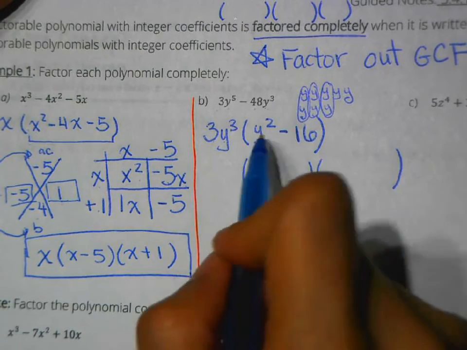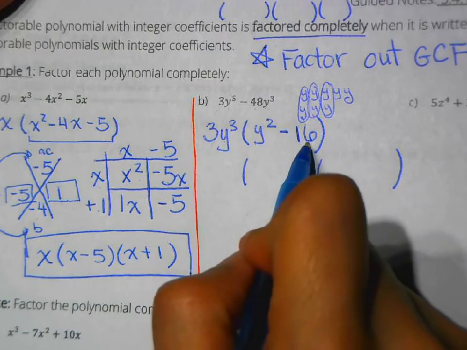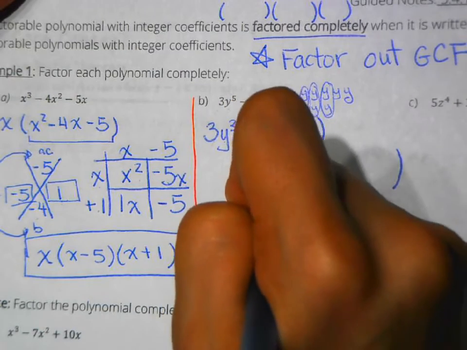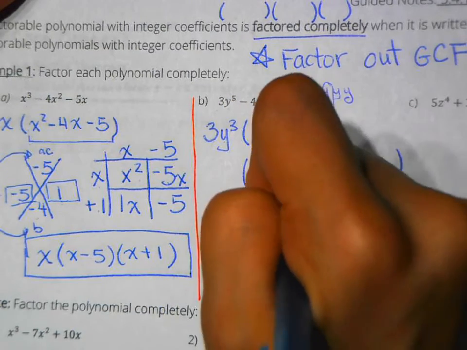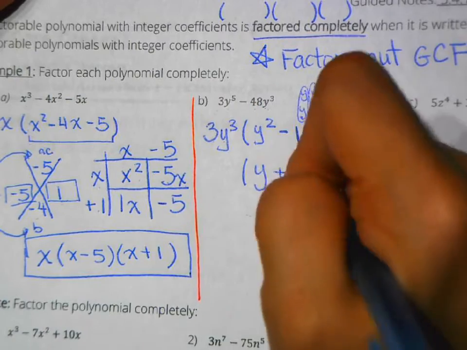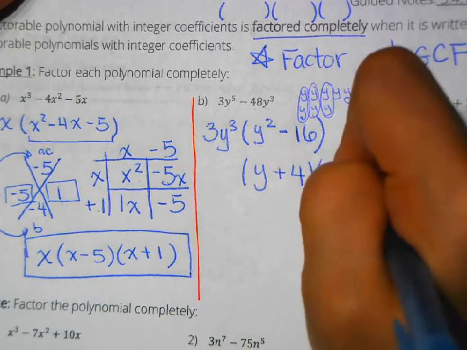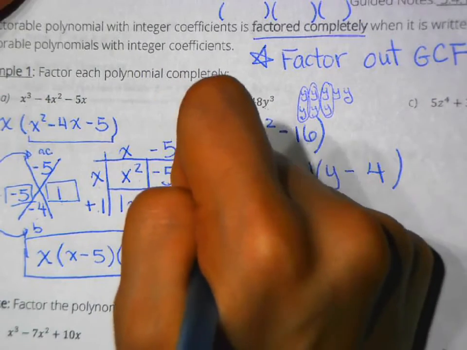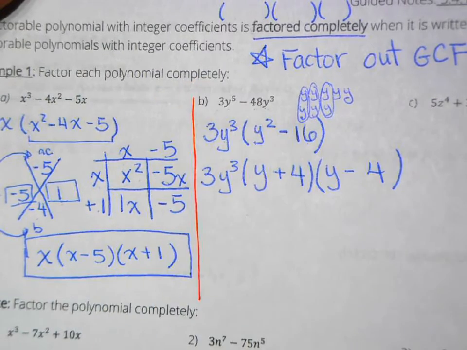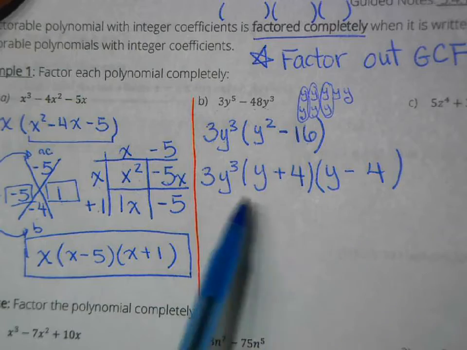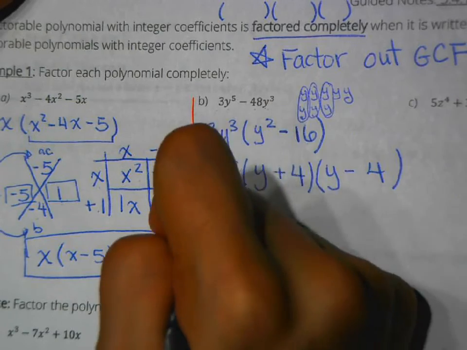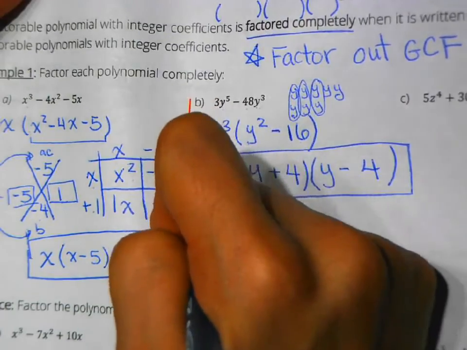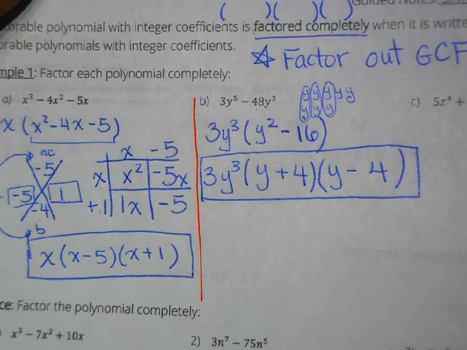From the formula chart, I know a squared minus b squared is a plus b times a minus b. So that means y plus 4, because 4 times 4 is 16, times y minus 4. And then I pull down my greatest common factor, 3y to the third power. Now everything is factored, and nothing can be factored even more from my factors.